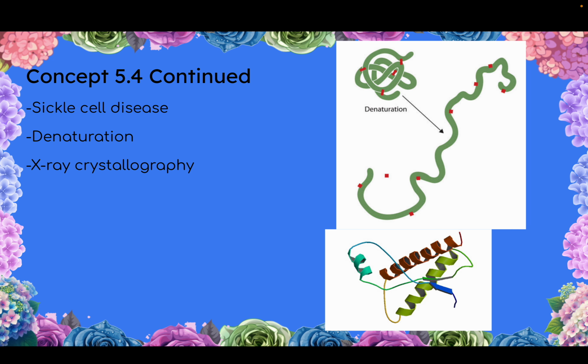And then another important thing about denaturation is heat. This is why really high fevers, like if your fever is 110, you're going to die, because it's so hot that your proteins misfold and your entire body just dies.